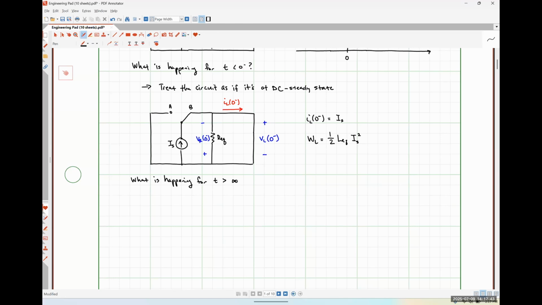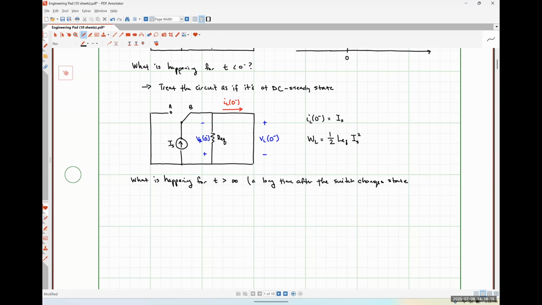Now, I know this seems weird. I'm using an engineering version of infinity, and we'll talk about it a little bit more in class at the beginning of class on Friday. But what I really mean by this is a long time after the switch changes state.